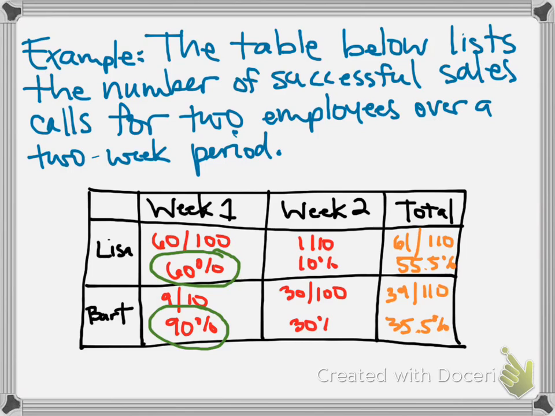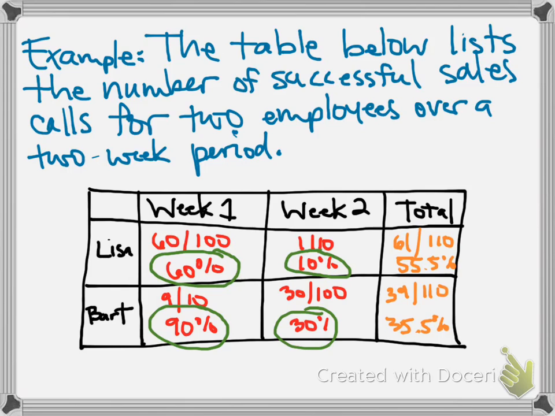And in week 2, same thing. Even though she went on 10 sales calls, she was only successful 10% of the time, where Bart was successful 30% of the time. So in both weeks, overall, when you look at the percentages, Bart was more successful. He had 90% compared to Lisa's 60% in week 1, and he had 30% compared to Lisa's 10% in week 2.